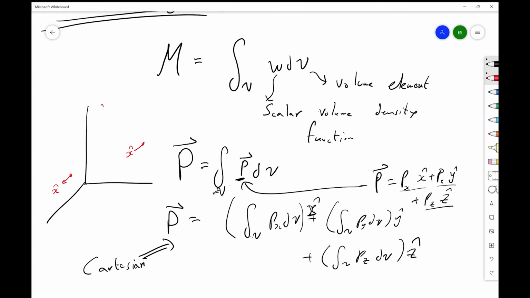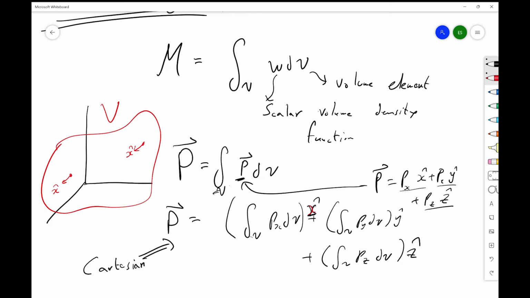Wherever you are in the total volume where you are integrating, x hat is a constant, y hat is a constant, z hat is a constant. So you can take it outside of the integral. If this was some other basis, I couldn't do that. I cannot take the r hat, phi hat, z hat out, because I can only take the z hat out, because z hat is the same everywhere.